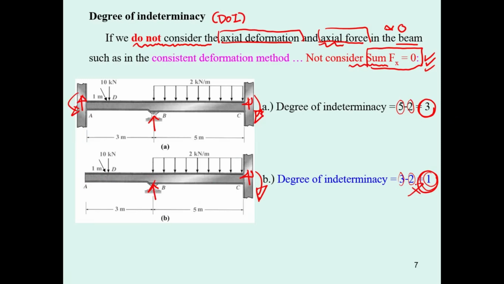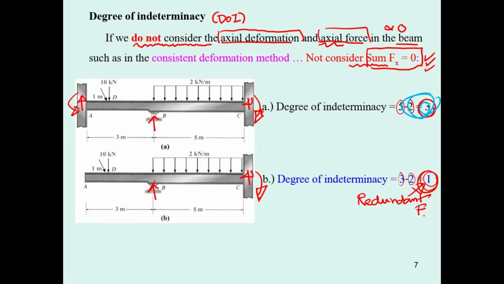To solve this one, you require only 1 redundant force. The problem is going to be easy, as you have in your final examination. But if we consider this problem, you require 3 redundant forces. The problem is going to be very complicated.